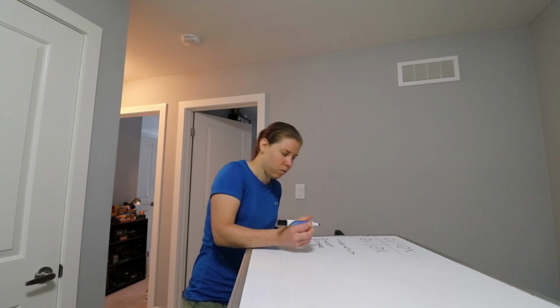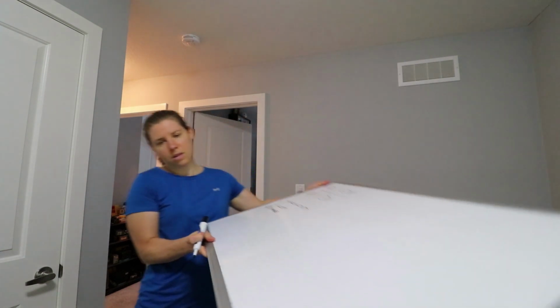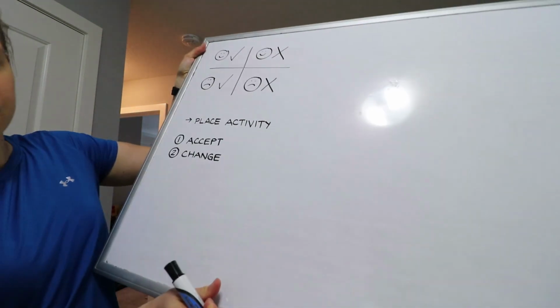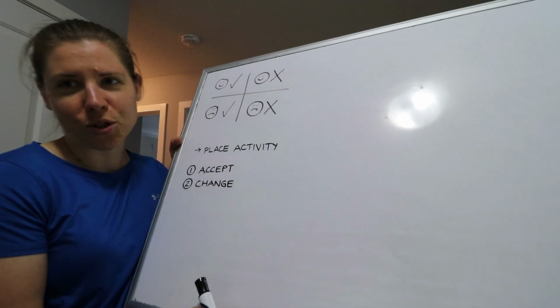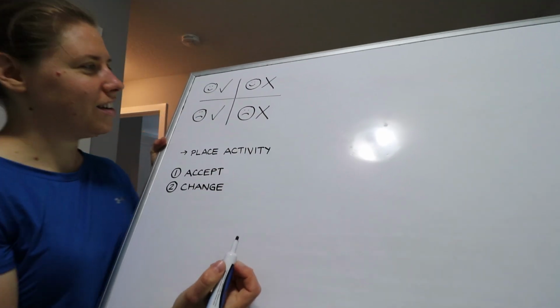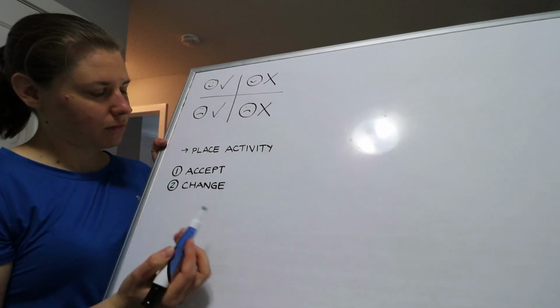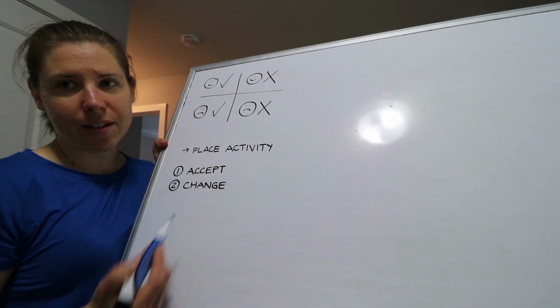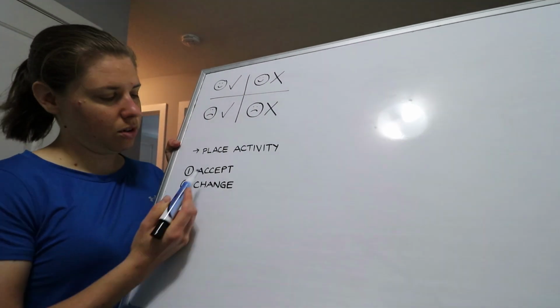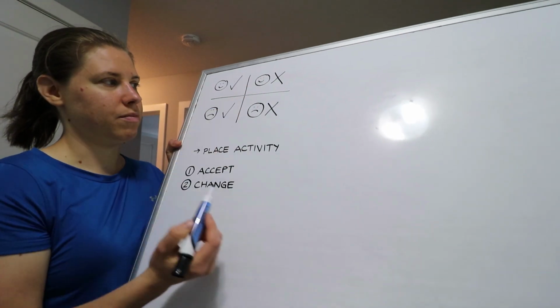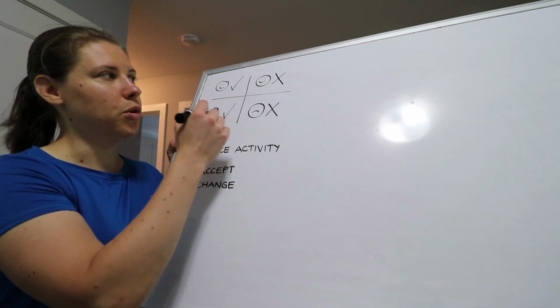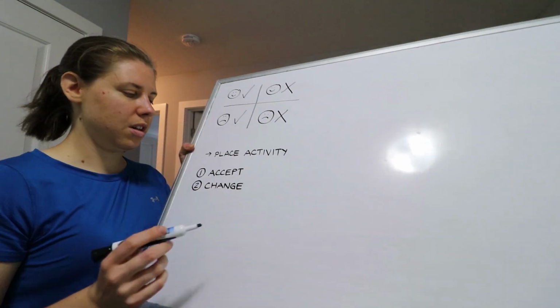So this is where we're at right now. We've got our activity, we look at our quadrant, we place the activity, which leads to accepting where it is or trying to move it into a different quadrant.